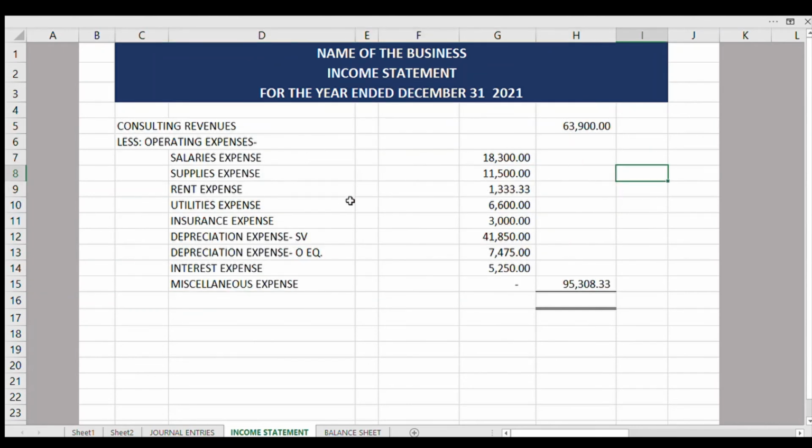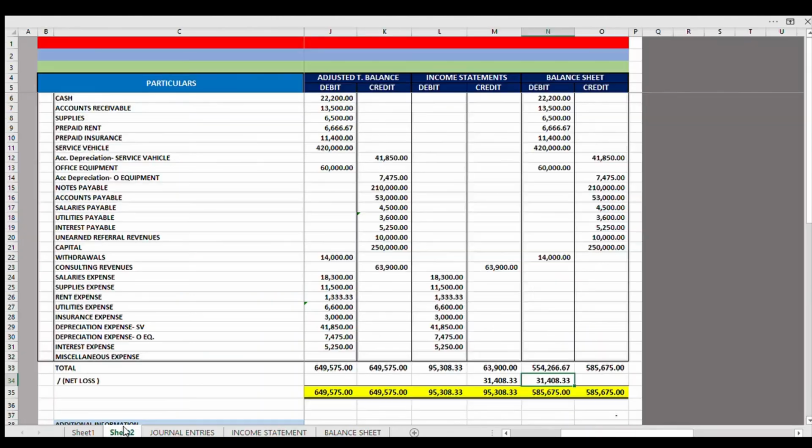By picking up all the adjusted balances from the worksheet, and balances of each expense, we can be sure that we are getting the correct information by referring to the balances. The total debit balance here is 95,308.33 and the total credit is 63,900.